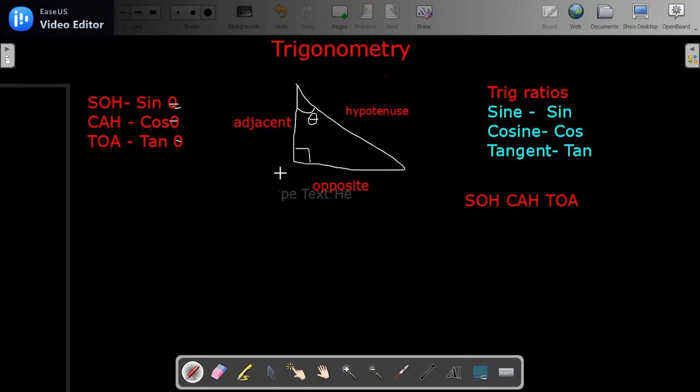So how do we get sin theta? What's the definition of sin theta? I told you sine works with SOH, so let's come here now. We have SOH.